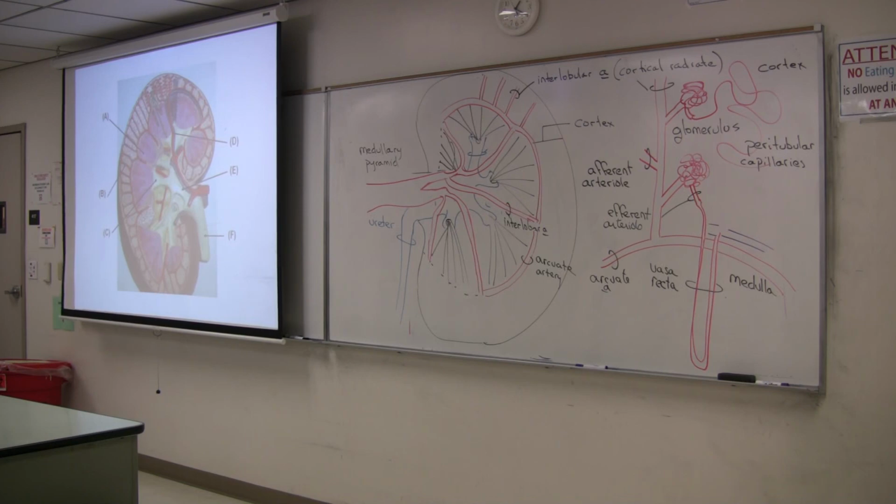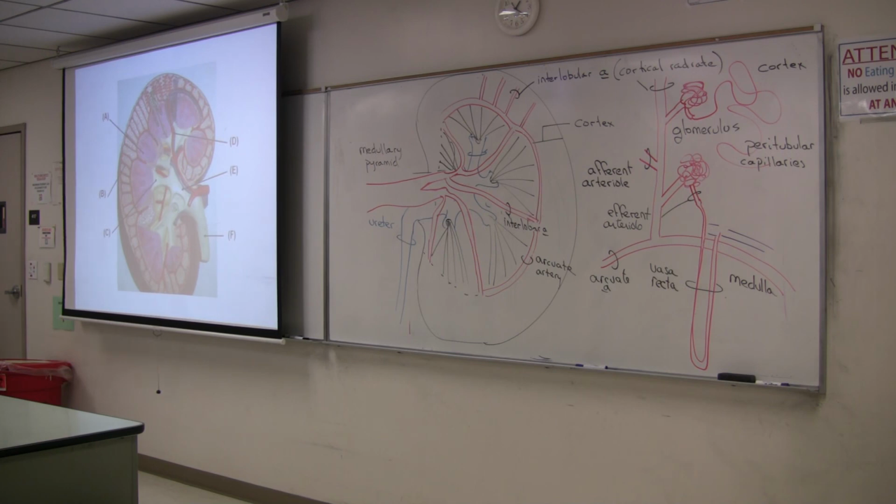And the peritubular capillaries and everything that I've drawn up there are found only in the cortex. So that when we look at histology on Tuesday, that will help you figure out where you are. Now the peritubular capillaries will go into interlobular veins, which will drain back into arcuate veins and just follow them back out. The vasa recta will just go directly into the arcuate veins.